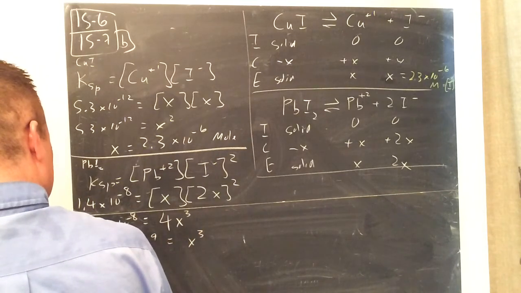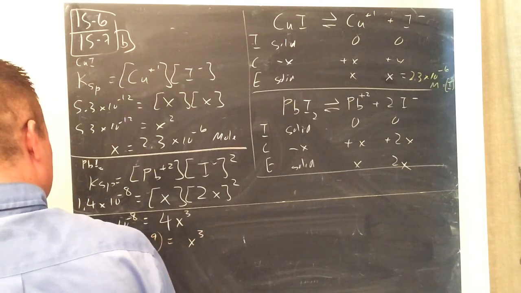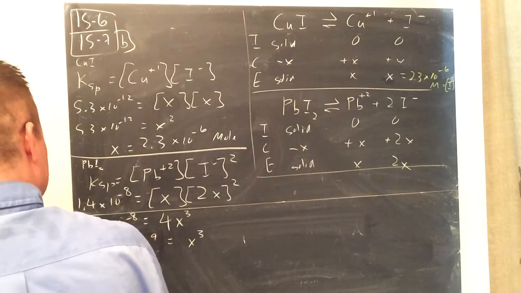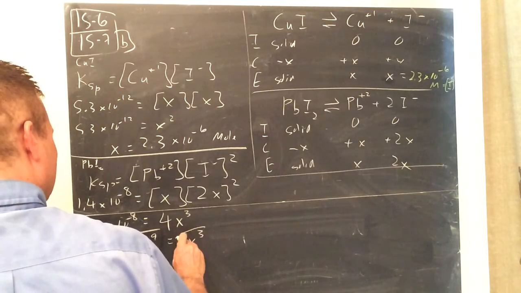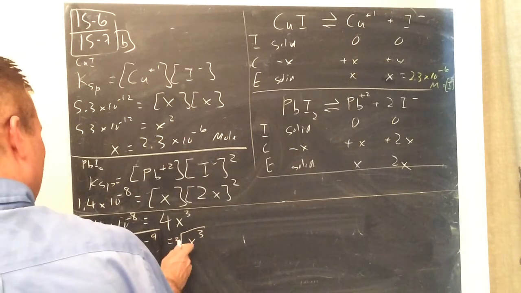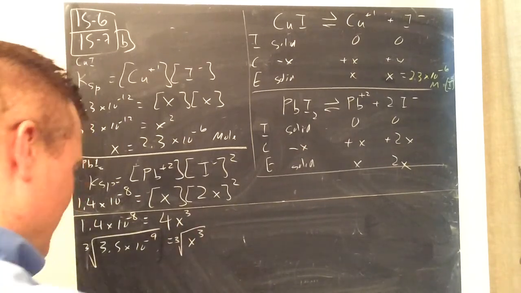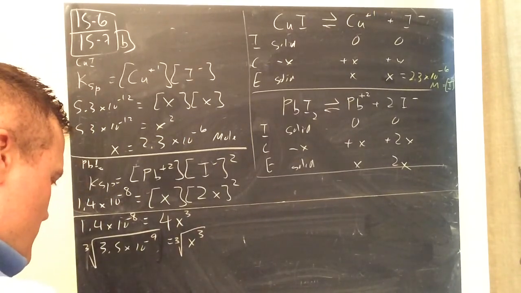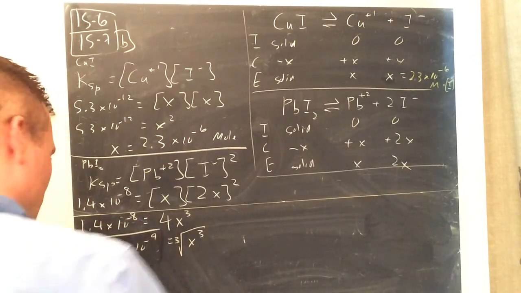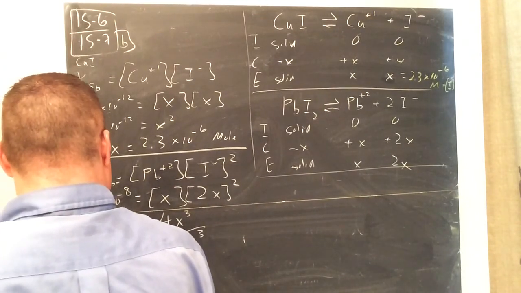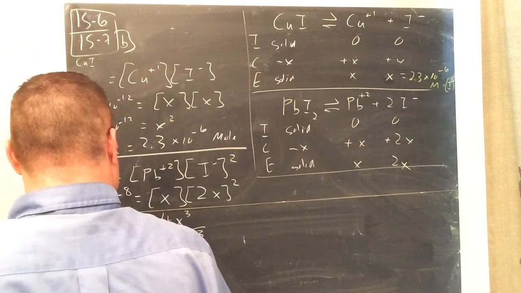If you want to write a cube root like that, you can do that too, with a little 3 there. But raise it to the 0.333 power. And it's 1.5 times 10 to the negative 3.